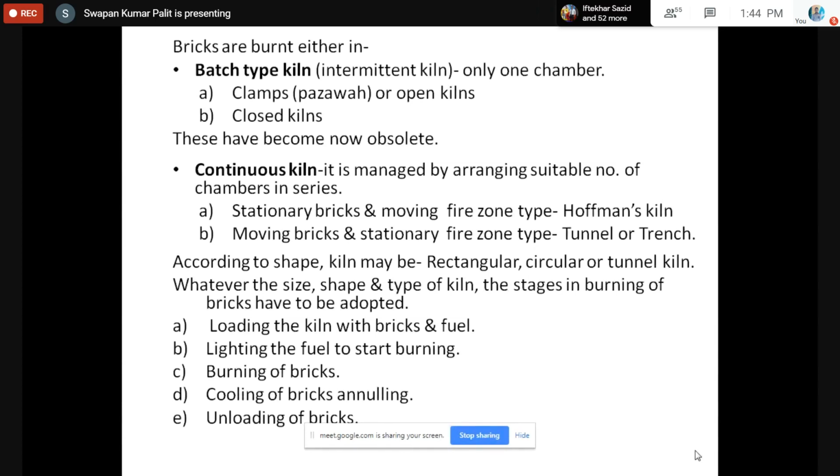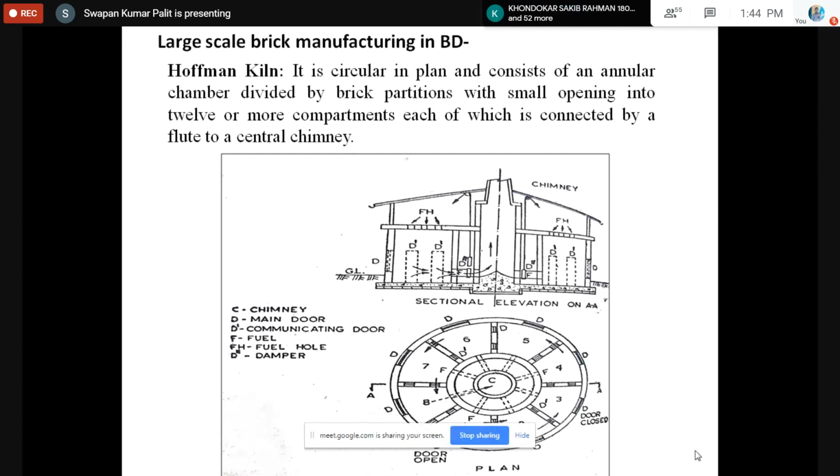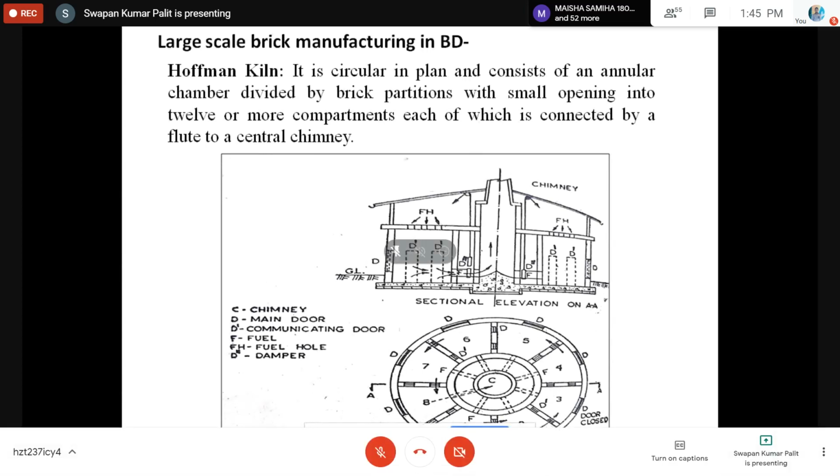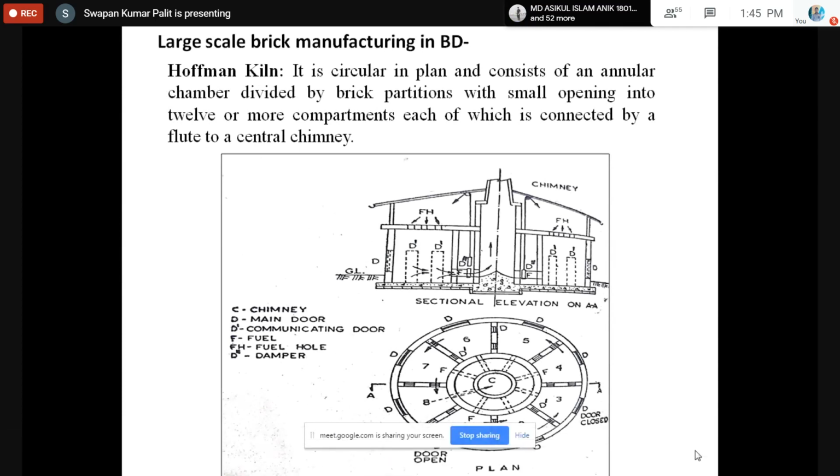So these two types you can see in your book, Aziz book. One is Hoffman kiln, another is trench kiln or tunnel kiln. Hoffman kiln is complicated. It is circular in nature mainly.